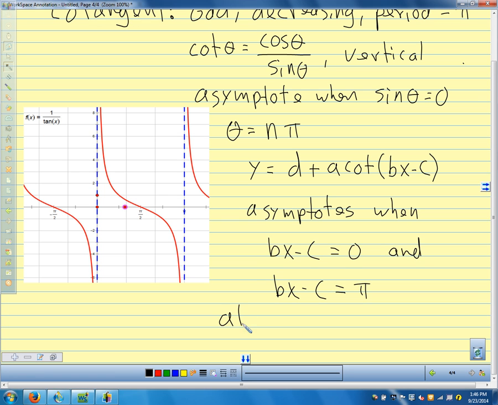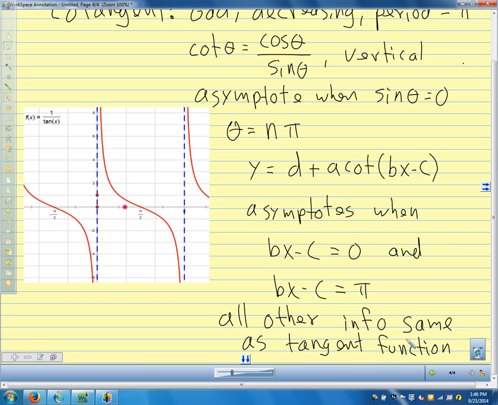So I'm just going to say all other info same as tangent function. So our process is going to be the same. We just need to make these little adjustments. All right, questions there? Questions about our information?